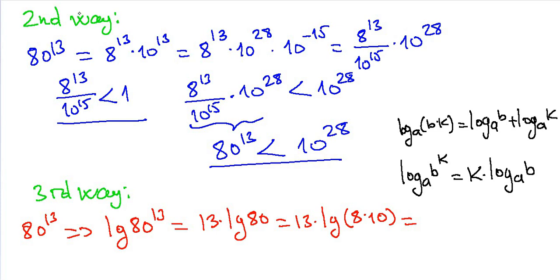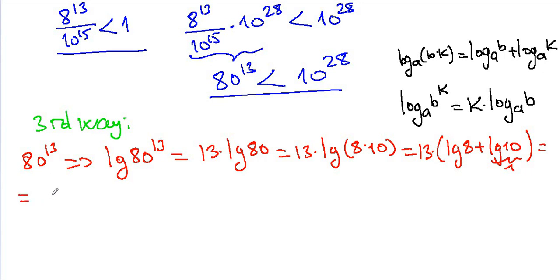Now using this formula I can express this one as 13 times the logarithm of 8 plus the logarithm of 10, and we see that this one is equal to 1, or this is going to be equivalent to 13 times the logarithm of 8 plus 1.